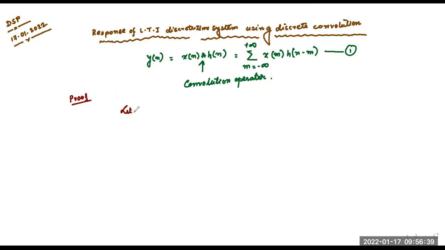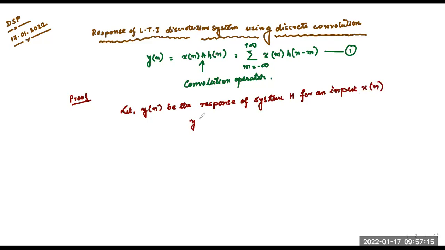Let y[n] be the response of the system H for an input x[n]. So that is y[n] equals H of x[n].